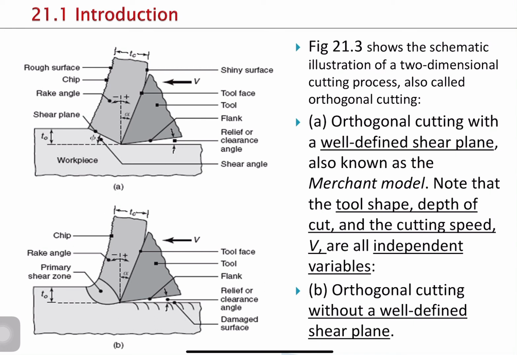All the variables can help, not in a good way, to produce condition B. When the shear plane is not well defined, the surface that is created has some damage to it.